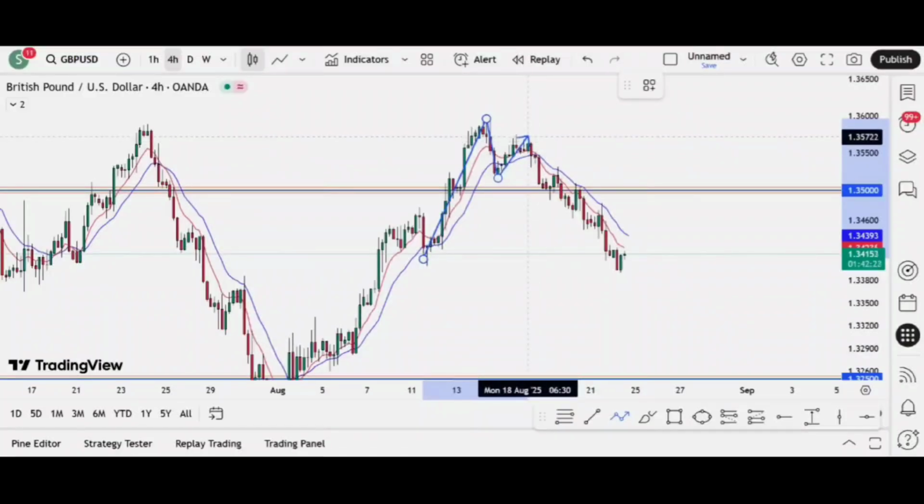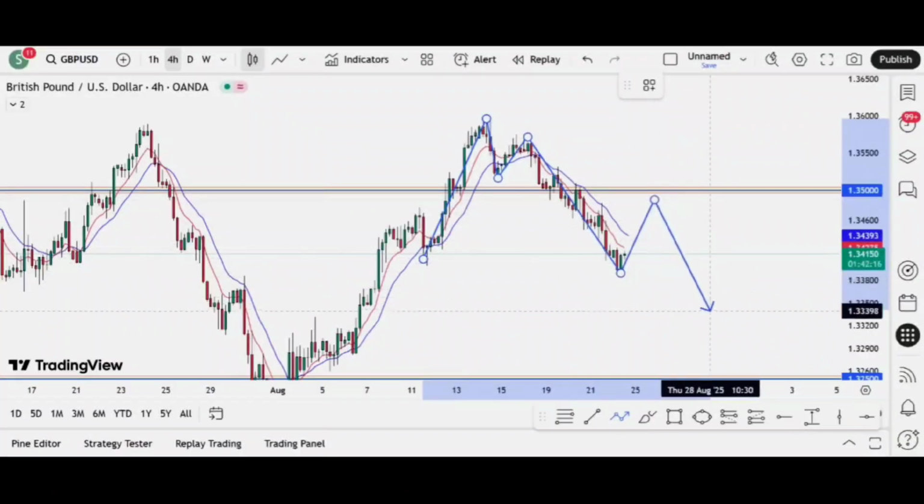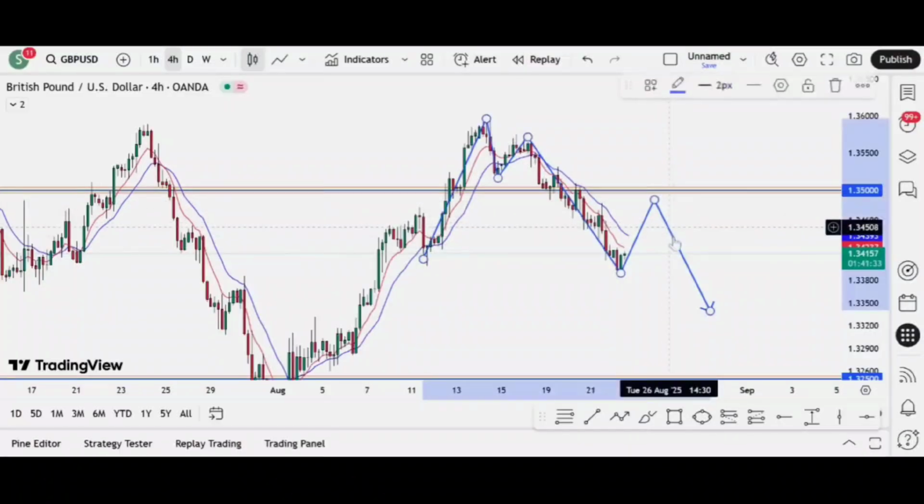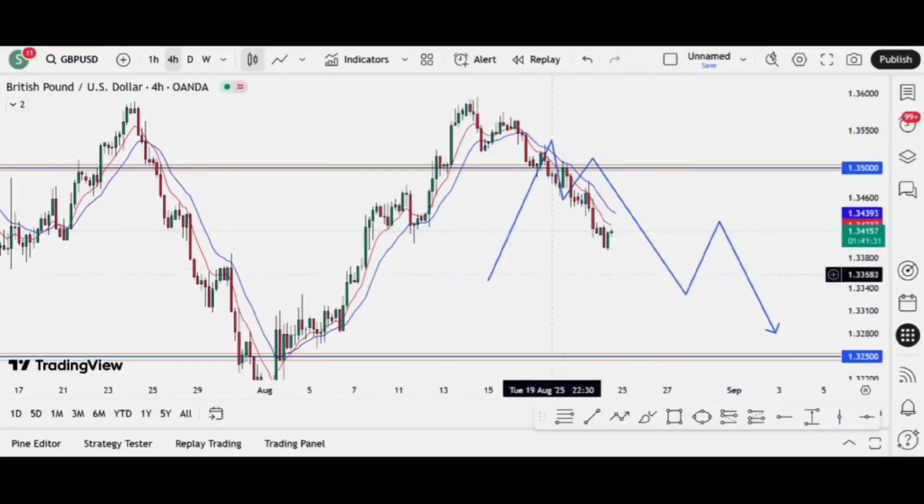So that's the reason it becomes lower high, lower low, lower high here, then going to the new lower low. Okay. So you see this is a structure for downtrend and it's also called M pattern for downtrend.